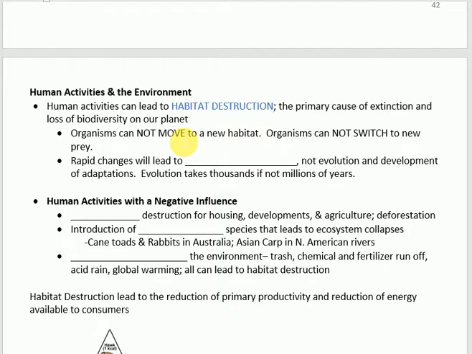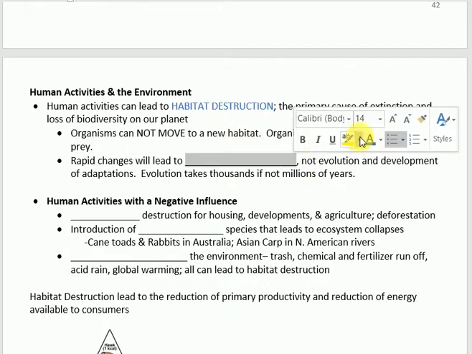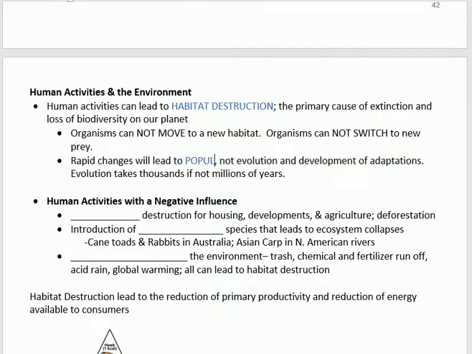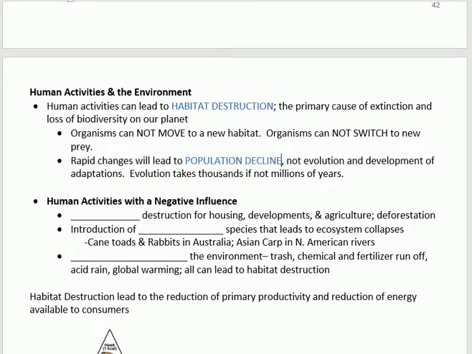So it's important that you keep in mind that organisms cannot move to a new habitat. They cannot switch to new prey, new food, etc. So rapid changes are going to lead to a population decline. Why? Because evolution and development of adaptations, those take thousands, if not millions of years.